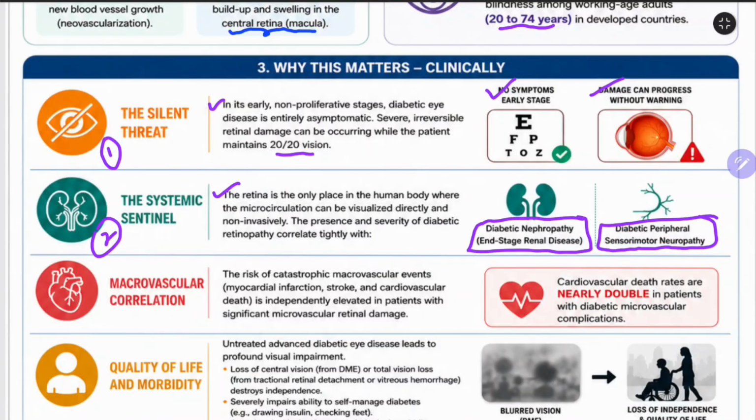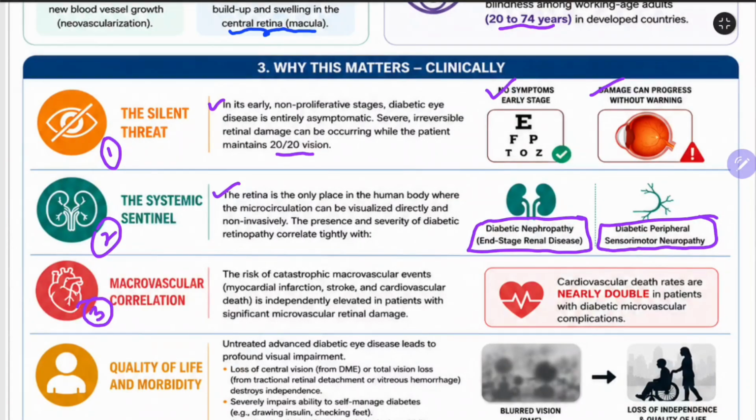So it is a marker of systemic microvascular damage and it is a marker of diabetic kidney disease and diabetic neuropathy. So that's why if diabetic retinopathy is there, then probably 90% of the times diabetic kidney disease is also there and diabetic neuropathy may have developed in the patient.